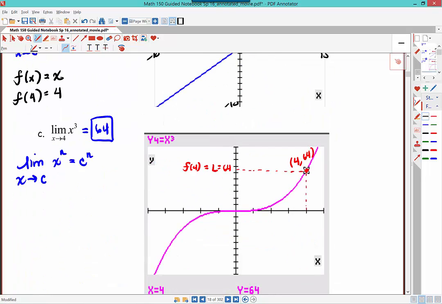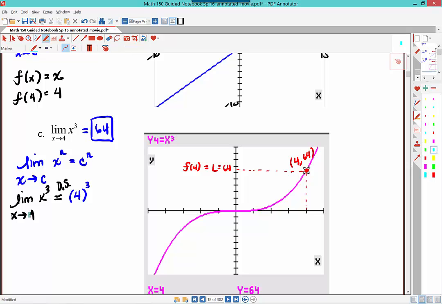Gotcha? All right. So now this guy, the limit as x approaches 4 of x cubed, using direct substitution, we could say, okay, let's try it. I would have 4 cubed, right? And so what you do is you take the number you're approaching and you plug it in here. And then what do we get at the end of the day?